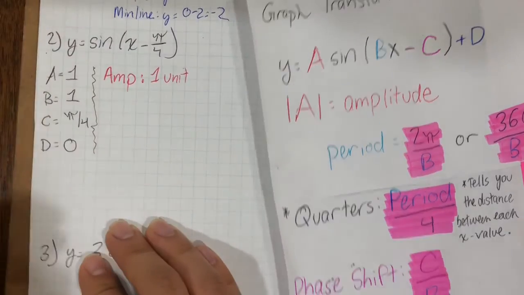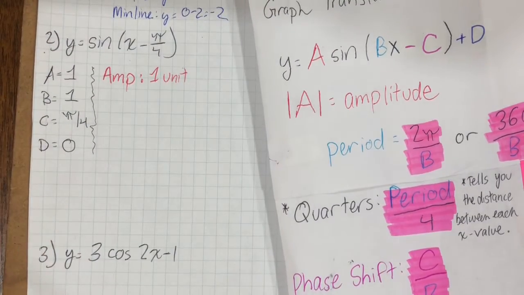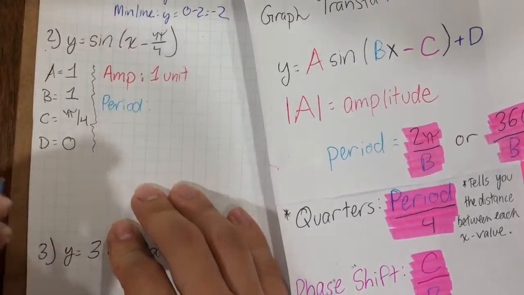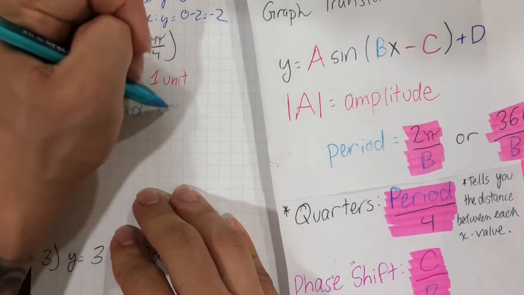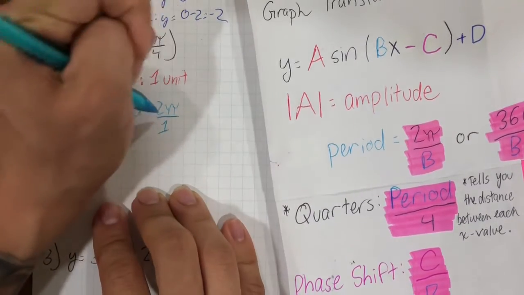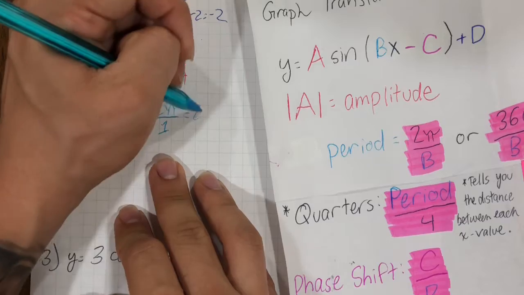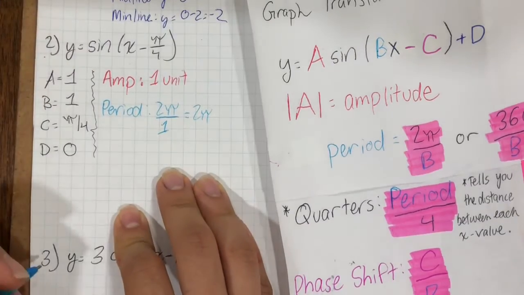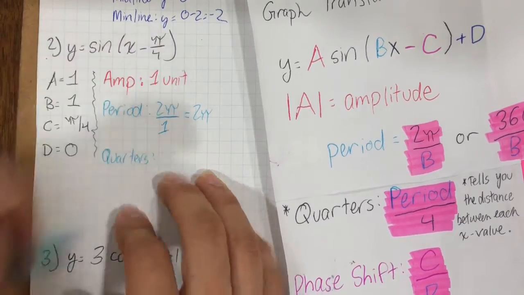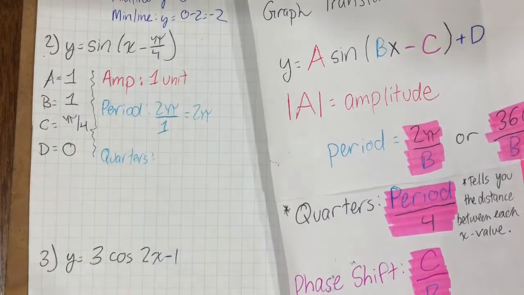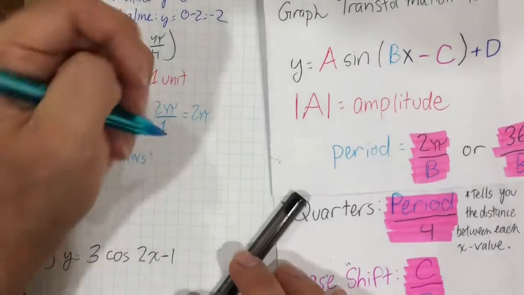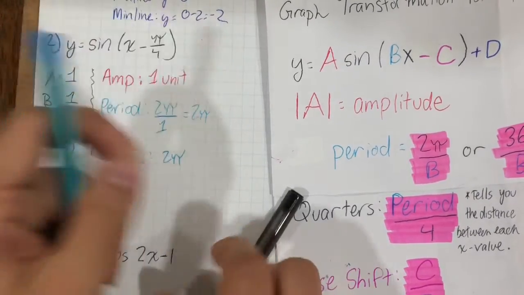Then we have the period. We take 2 pi divided by my B, which is 1, and 2 pi divided by 1 is still 2 pi. And then we have quarters. I'm going to take 2 pi and divide it by 4.